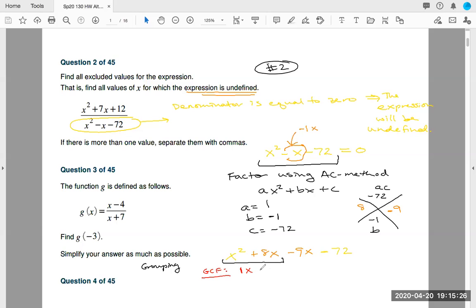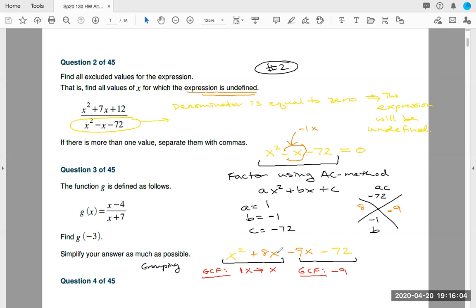So you can just write that as x. For the second group, you will have a GCF of negative 9 between the negative 9 and the negative 72. And then between x and 1, because you don't see any x's here, right? It would just be 1. So your GCF is just negative 9.